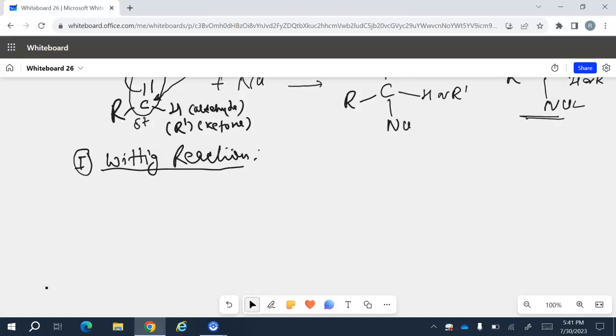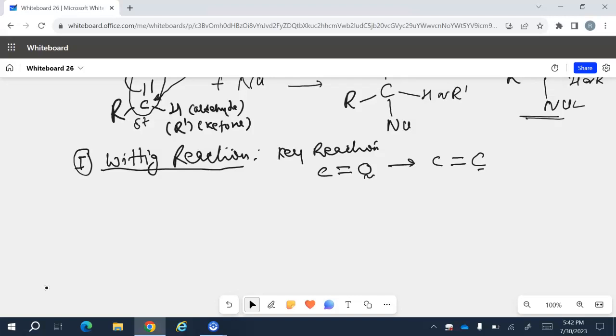The Wittig reaction is a key reaction to convert a carbon oxygen double bond to a carbon carbon double bond. So the oxygen will be replaced by carbon. In this reaction it uses a special type of reagent called phosphorus ylide. So that is what we will be discussing.